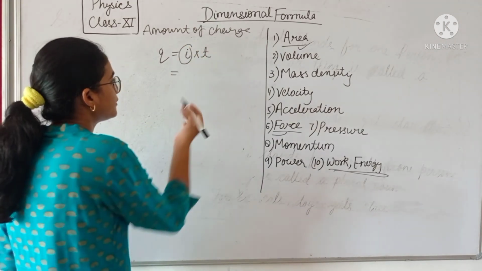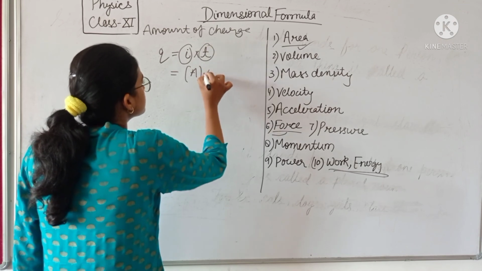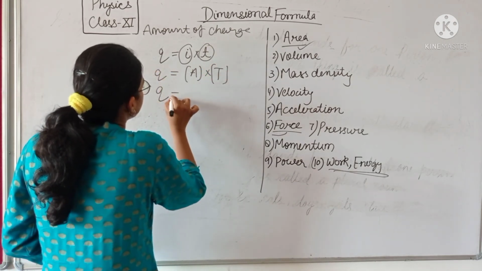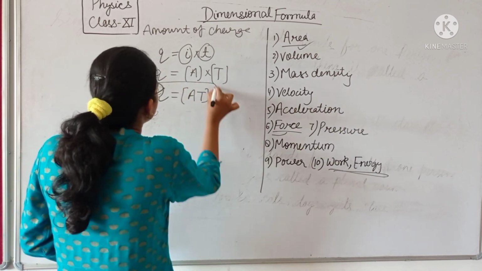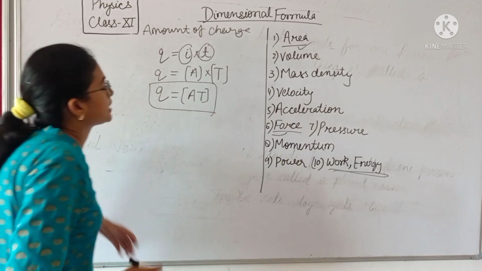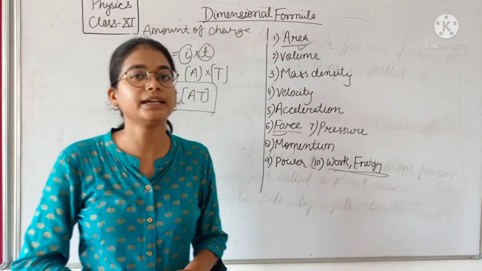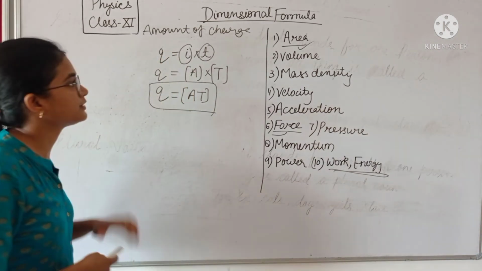Electric current, and for electric current we use A, and this is time. So what is the dimensional formula of Q? A T. Similarly, we can calculate the dimensional formula of any physical quantity. I hope you have understood that. Okay. Thank you.